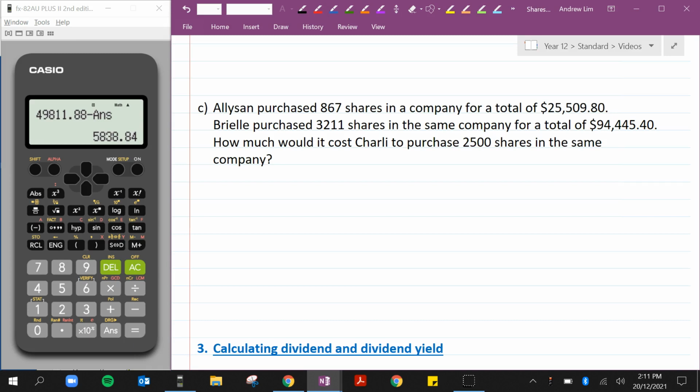So here we'll probably need to construct simultaneous equations. So let's start with Allison. She buys 867 shares. We don't know how much it's going to cost. I'm going to write C for cost, but 867 times C plus the brokerage fee.